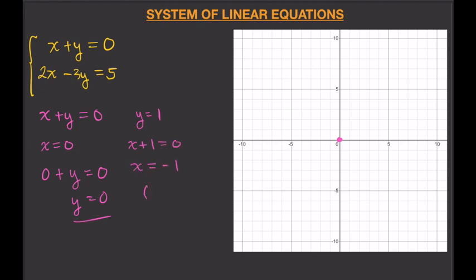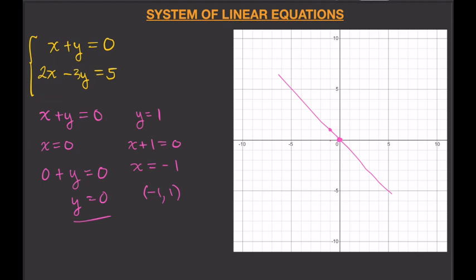So the second point is (-1, 1). So where's -1, 1? That's there. Then just connect these 2 points. That should be the line. It's not a perfect straight line, but you get the point.